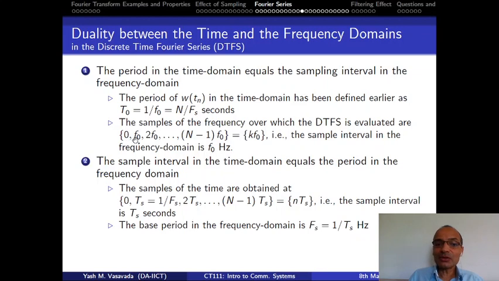So the samples have to be always f naught, 2 times f naught, all the way up to n minus 1 times f naught. Why not any more than n minus 1 times f naught?